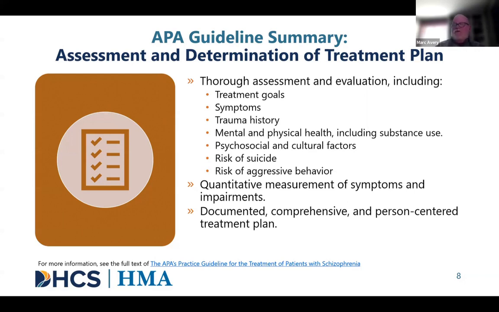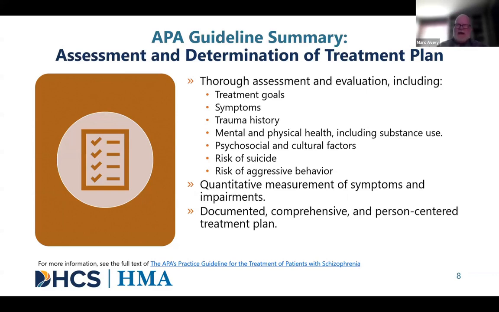The APA has also recently incorporated a second principle for treating persons with chronic conditions like schizophrenia, and that's to challenge ourselves to always include some sort of quantitative measurement at the outset and in an ongoing way.